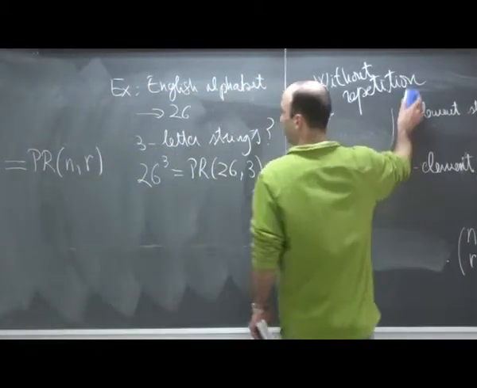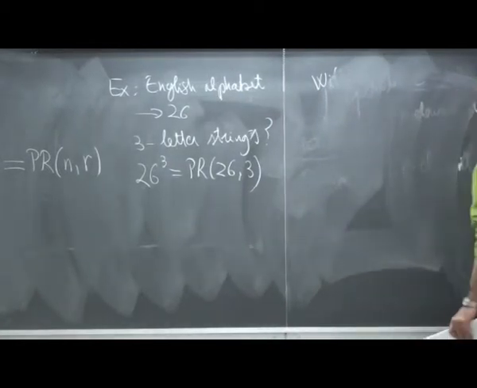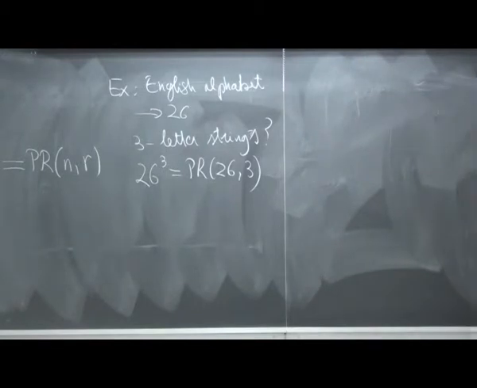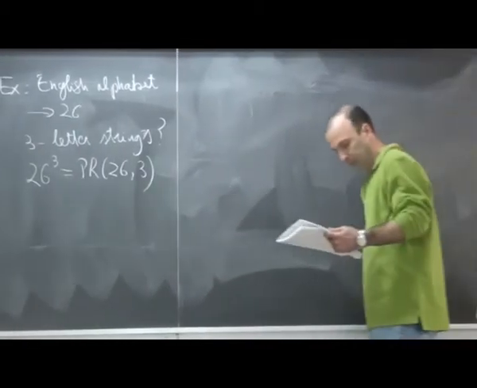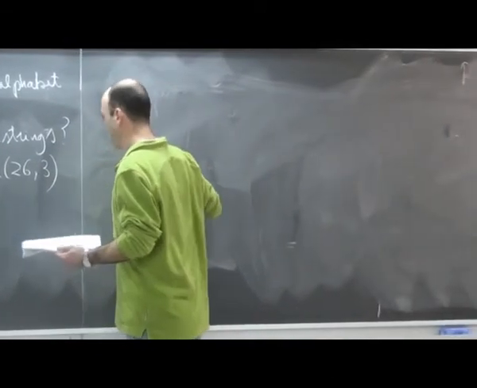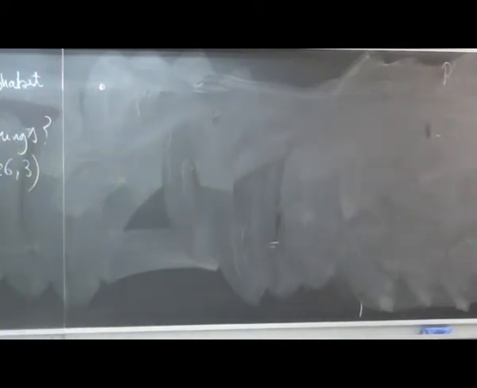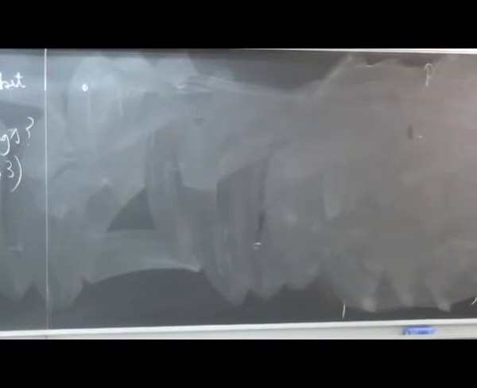Okay, this was very easy. Okay, something more difficult. Sorry, here I forgot to say r-permutations because I'm taking just a subset.